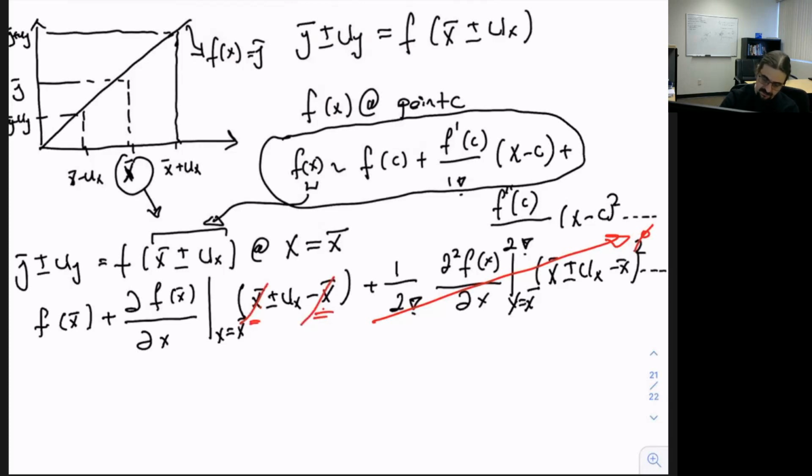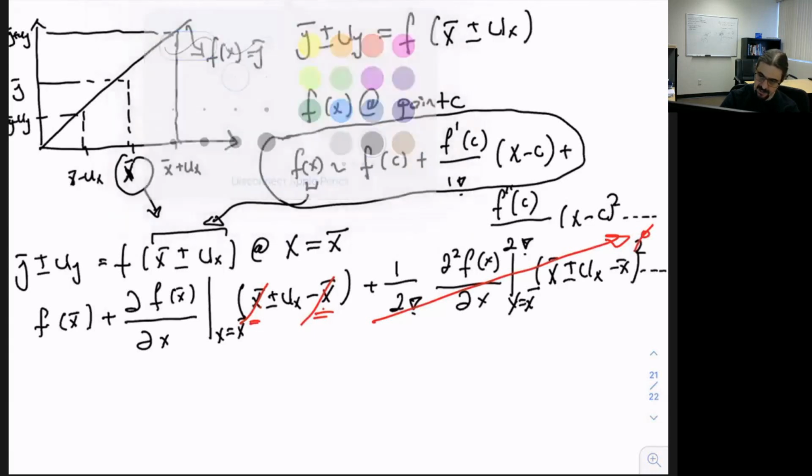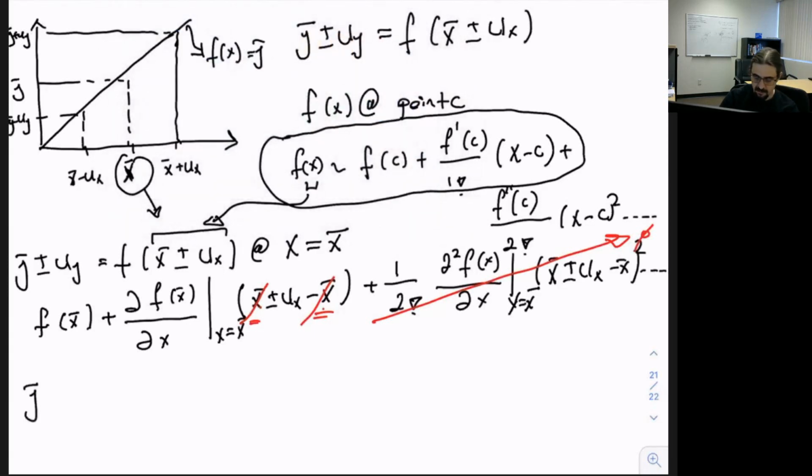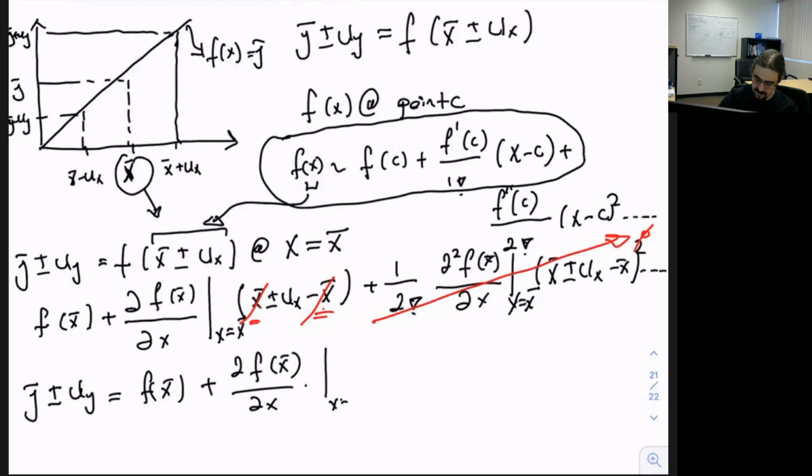And then, if I were to write it down, the approximation of y bar plus minus uy can be written as f(x bar) plus df(x bar)/dx at x equal x bar, times ux.